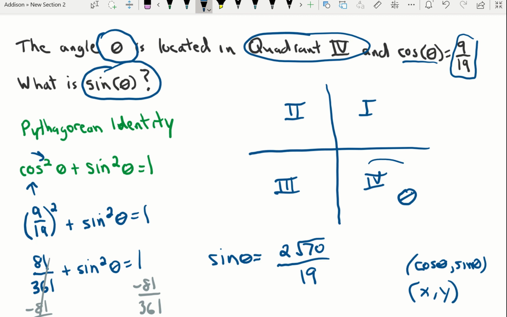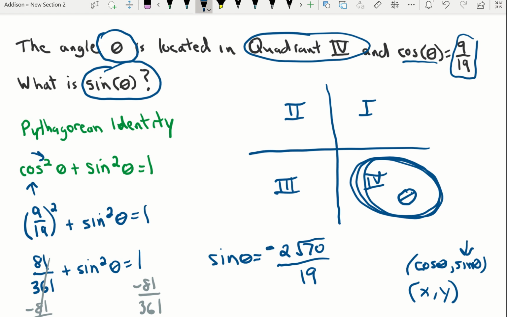And if we're working in the fourth quadrant right here, and it's sine, this is what we're working with, sine. That's the y value. And we know that any y value down here in this quadrant is going to be a negative.